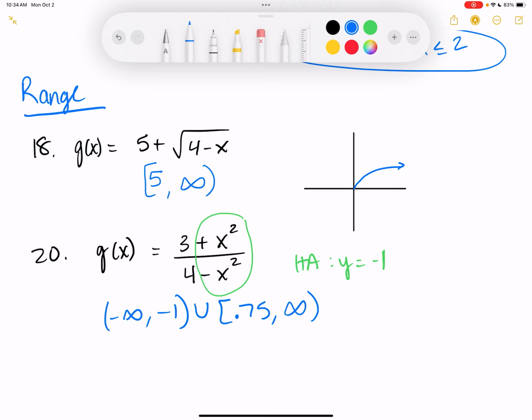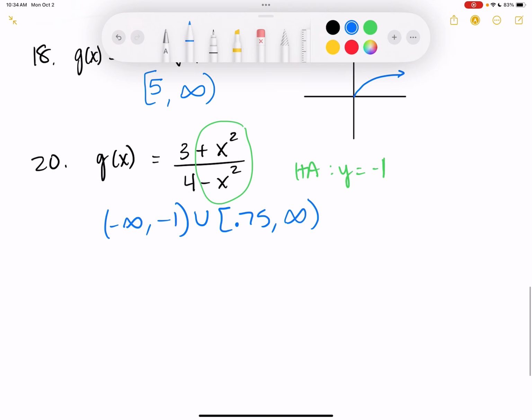The next thing is to graph the function and tell whether or not it has a point of discontinuity at x equals 0. If there is a discontinuity, tell whether it's removable or non-removable. We'll graph these on our calculator as well.